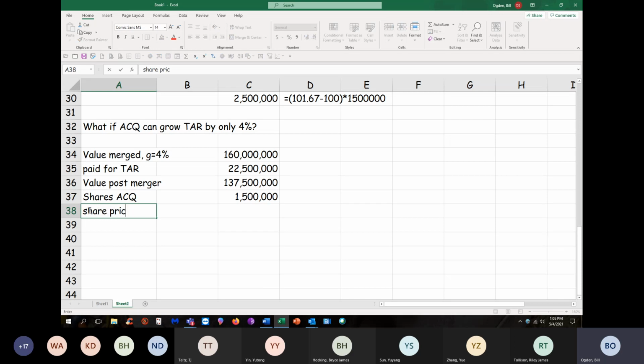Once the market digests all this information, they will see 1.5 million shares with a value total of 137,500 and so on. So let's get a share price. So, 91.66667.